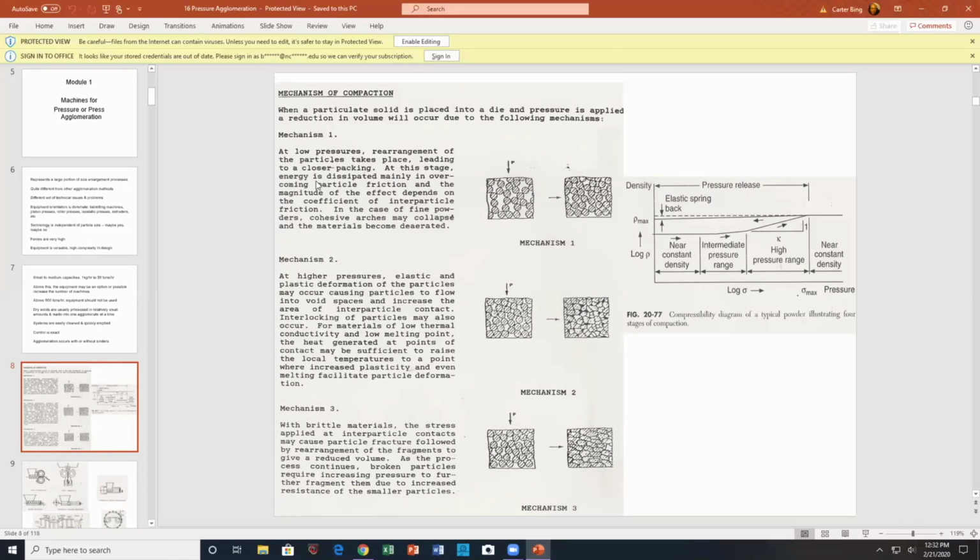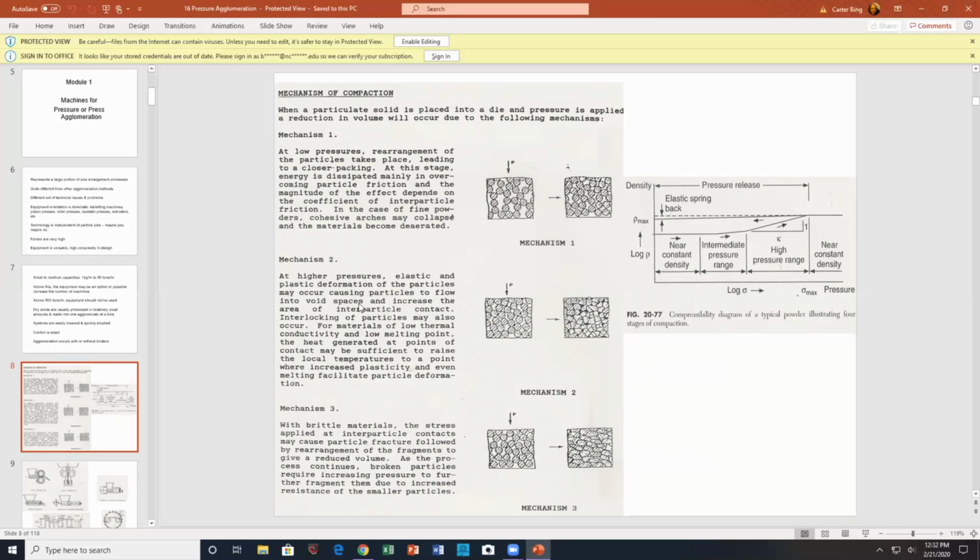In this stage, energy is dissipated mainly in overcoming particle friction. The magnitude of the effect depends upon the coefficient of interparticle friction. It would be interesting to see if it gets hot enough to melt. Probably not. In cases of very fine powders, cohesive arches may collapse. The materials become de-aerated, with less air.